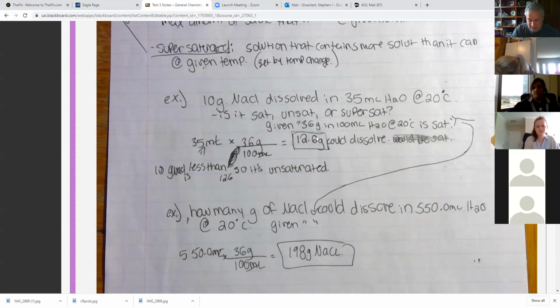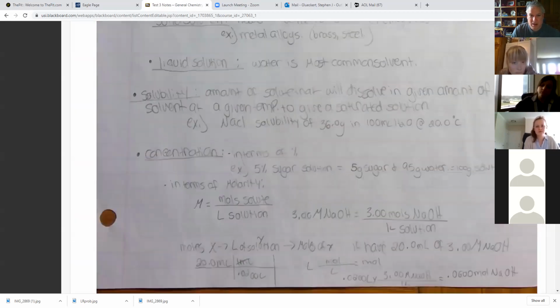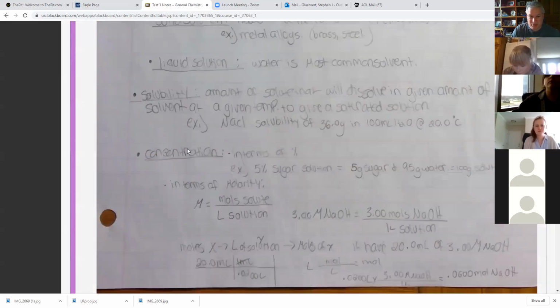Does that make sense? Well, we were given the conversion factor moles over liters. So going back here, I'm going to tell you that I went through this concentration material just to get some information out for the lab.